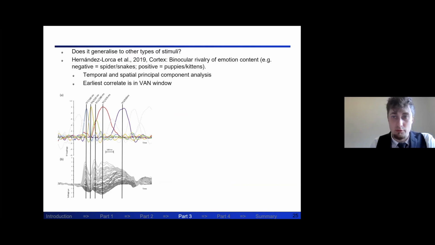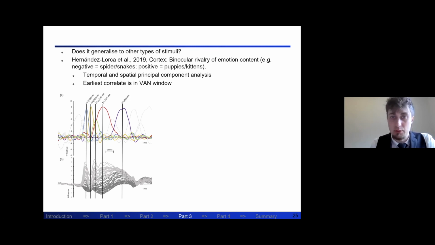So for negative stimuli, for example, spiders and snakes, and positives were puppies or kittens. So here you have something where the rivalry is between things with emotional content.